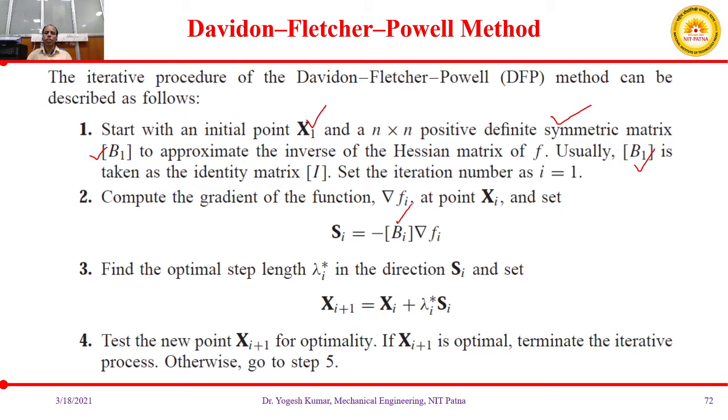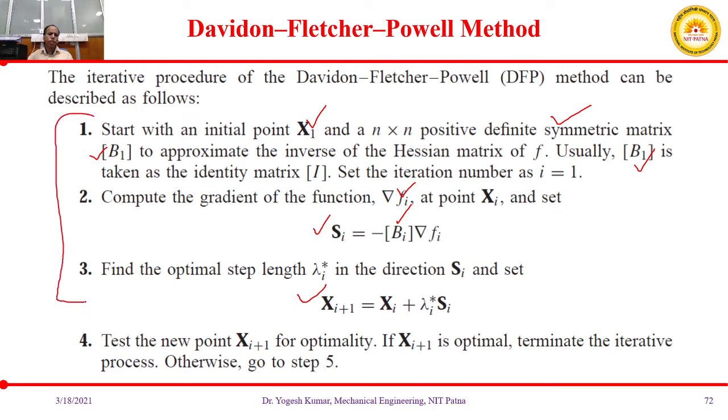Then you calculate the gradient of the function at your starting point, and accordingly you find the search direction and calculate the next possible optimal point in that particular search direction.